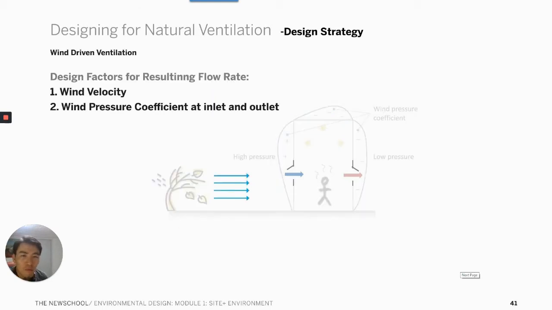Our goal is to control the flow rate, which is the amount of air that goes through, determined by two factors. One is wind velocity, which is pretty obvious. You have more wind and more flow rate is made even though it's the same building design. The second factor is what we control through the design of our building, the wind pressure coefficient that we just talked about.